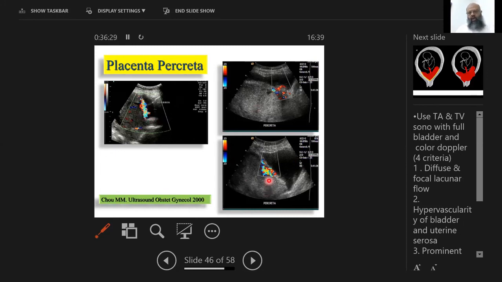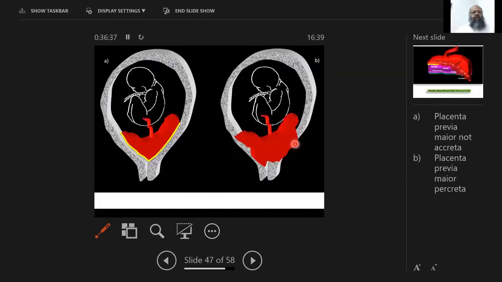These are more cases. So we can perform transabdominal, even TVS. Here is the normal placenta, the interface of placenta and underlying myometrium. Once it invades, it is percreta. You can see this is how we differentiate.